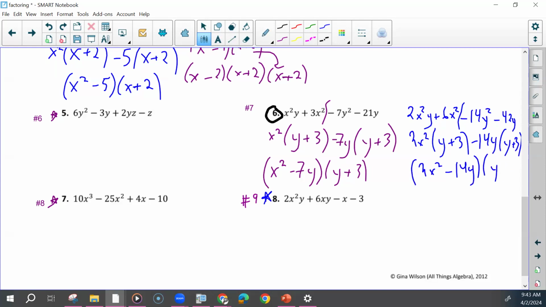and y plus 3. But in these two factors, one of them is not prime. What could I divide out of these two? 2. Which means I had a GCF at the beginning that I could have factored out then, but it's okay as long as I factor it out eventually. Okay. It was right, and then it wasn't.